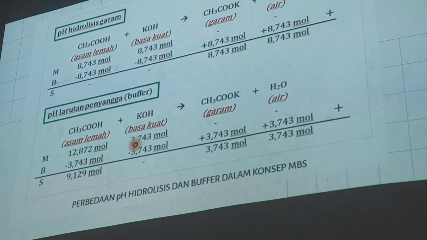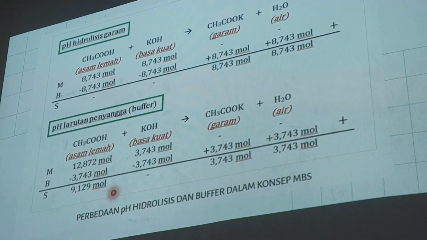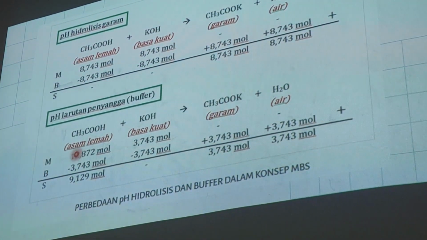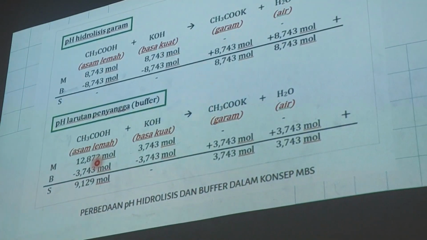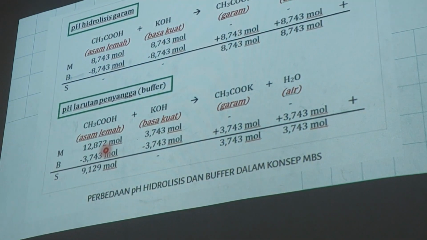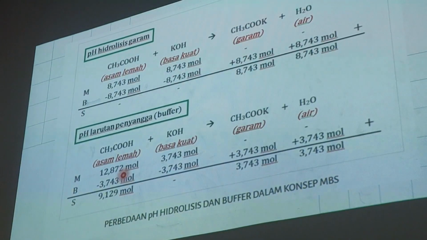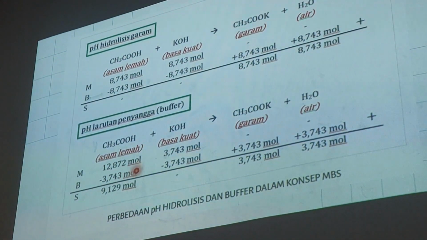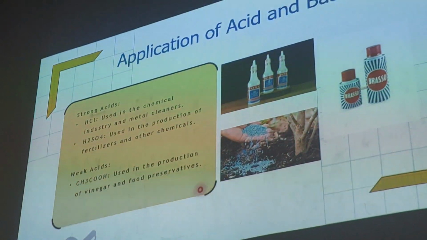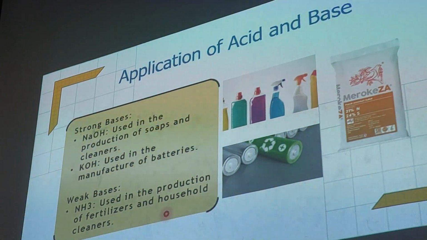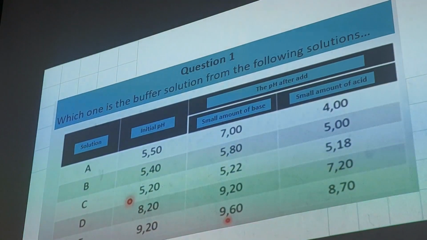But in the buffer, we still have the remainder of the weak acid or the weak base. Okay. Do you still understand what I mean? Okay. So this is the application: strong acid, weak acid, and strong bases, weak bases.